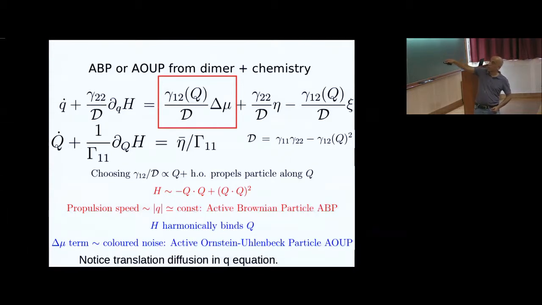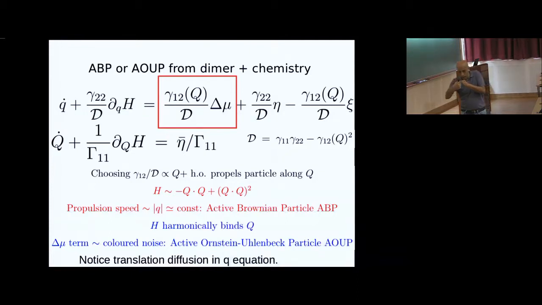If Q has a preferred length, then you get something that's more or less like a rigid dimer propelling itself. If Q is quadratic, you get the other example I talked about, a dimer whose extension hangs around zero, but tends to point in a given direction and therefore goes in a given direction for a while.